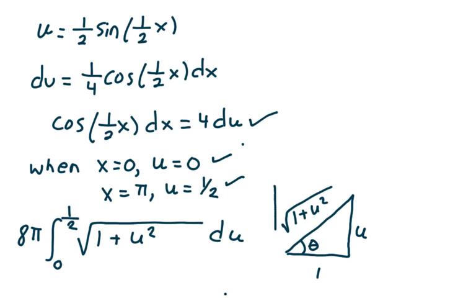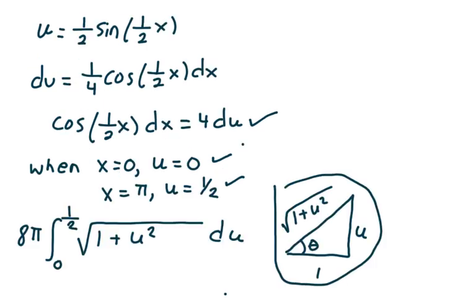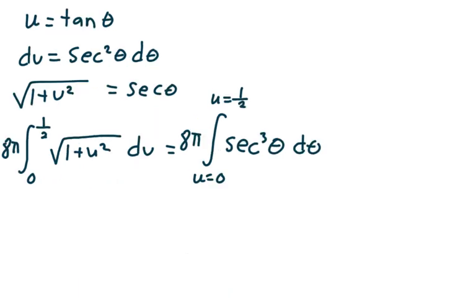So notice over here, I drew a triangle to help me with my substitution. And this is a classic trigonometric substitution problem. I'm going to let u equal tangent theta, right? Remember, opposite over adjacent is tangent theta. So that's what I'm getting over here.